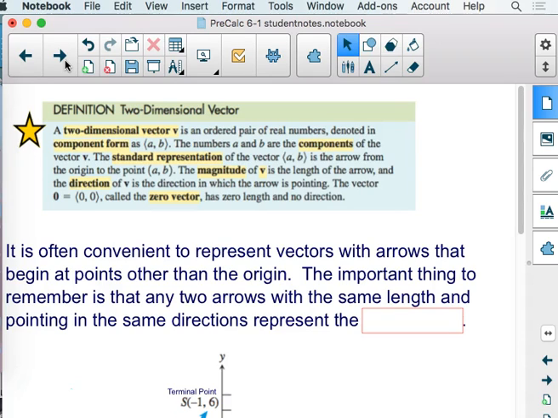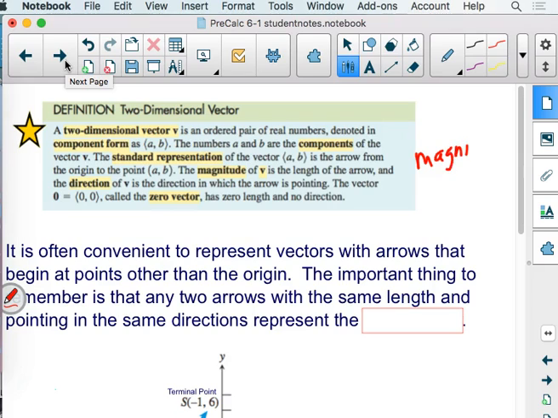The standard representation of the vector AB is the arrow from the origin to AB. So that's the reason that with component form, they don't say you start at this point and here's where you end. We assume that it started at the origin. The magnitude of the vector is the length of the arrow. That's huge, by the way.